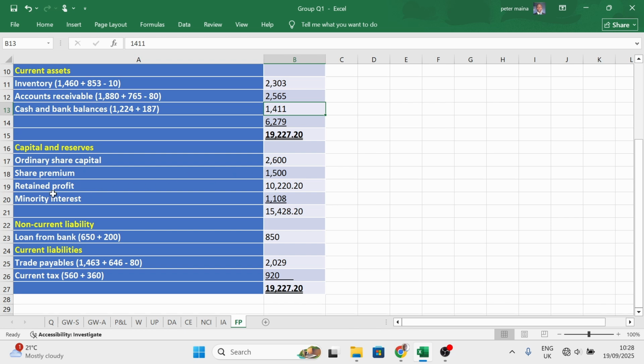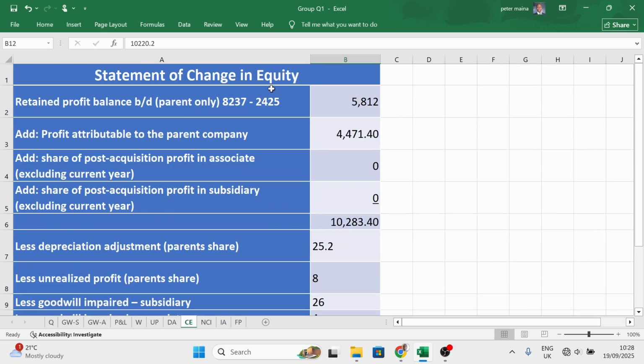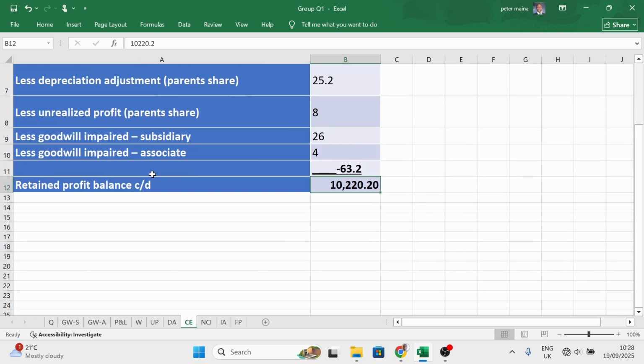From there, you have to include retained profit. So we don't consolidate retained profit. Instead, we take the balance you found in the statement of change in equity. That is the one you're supposed to bring here, 10,220.2. So if we go back to our statement of change in equity, the last amount we got was 10,220.2.